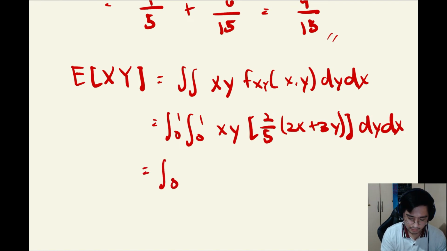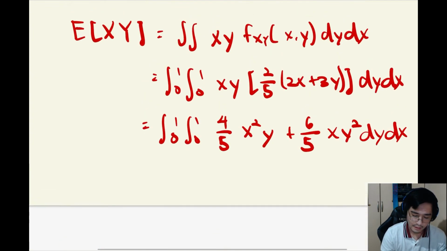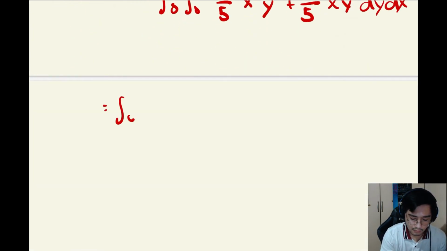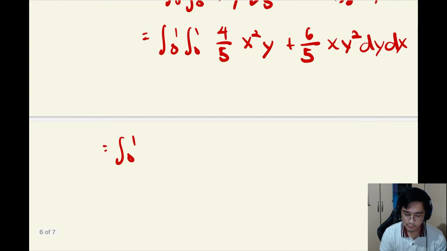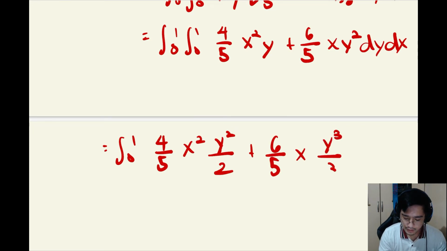Let's simplify first: this is 4/5 x squared y plus 6/5 x y squared, dy dx. Integrate over y first, so this is 4/5 x squared y squared over 2 plus 6/5 x y cubed over 3, evaluated from y = 0 to y = 1.